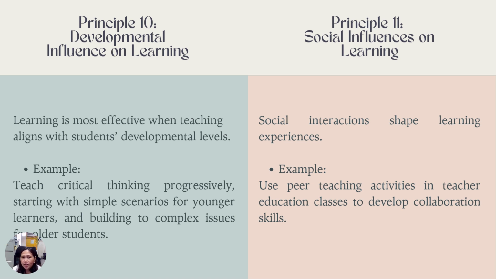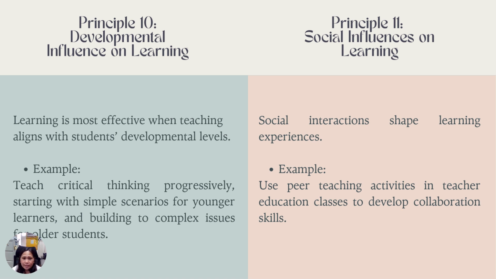If you are teaching grade 7, for example, but your instructional material is fitting for grade 12, learning is impossible to take place, because your instructional material is not fitting to the cognitive readiness of your learners.